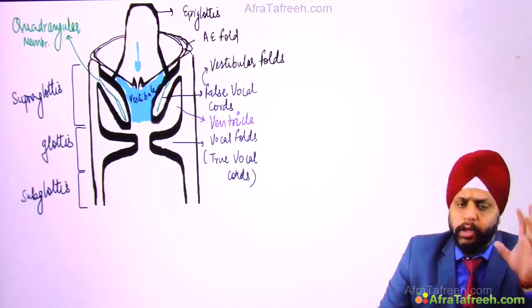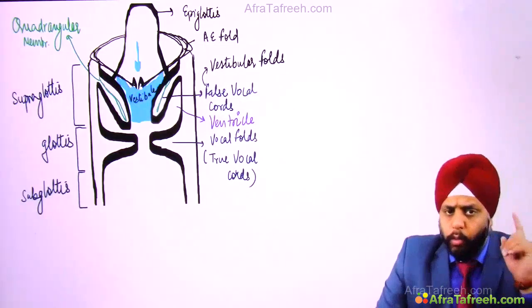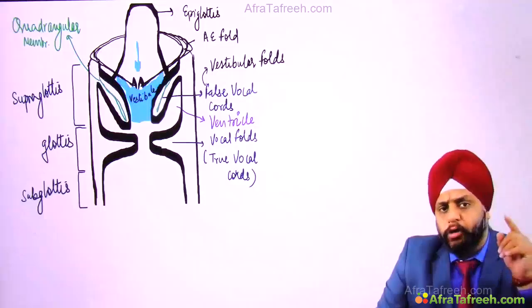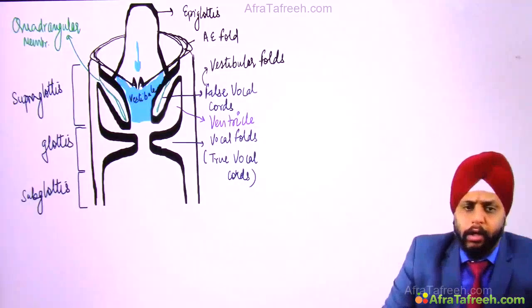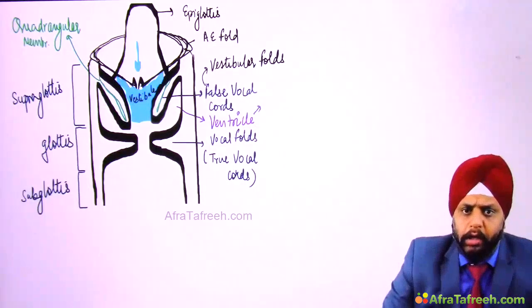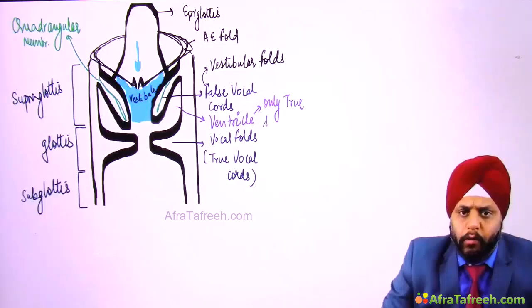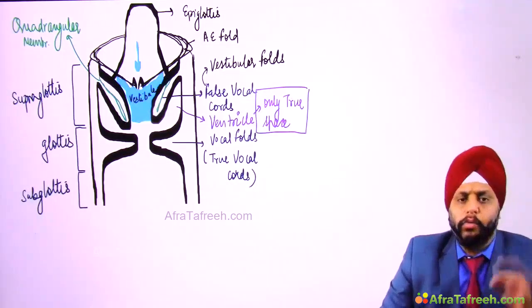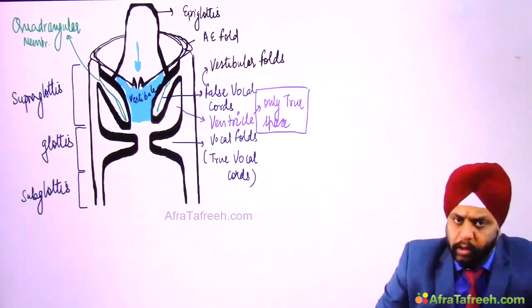The ventricle, however, is an actual true space. In fact, the ventricle is the only true space of the larynx.